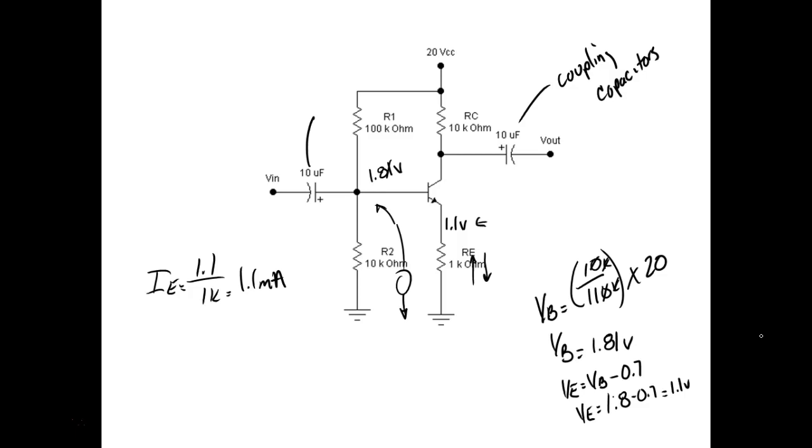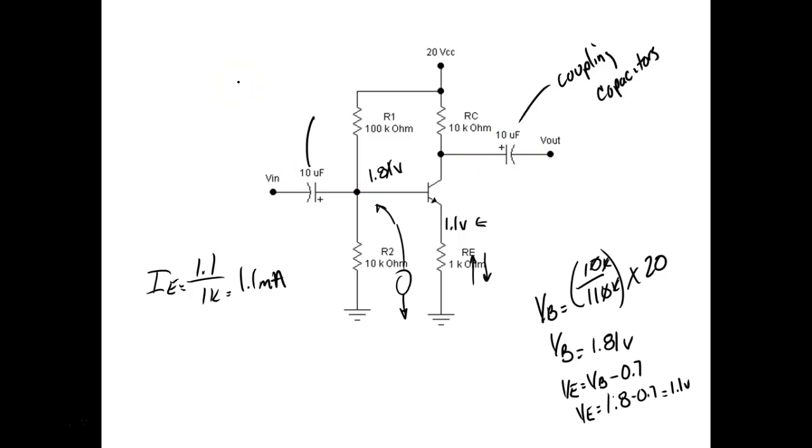Are we okay? What's nice about a 1K resistor is 1 milliamp per volt. So if I got 1.1 volt, that's going to be 1.1 milliamp. 10K would be 100 microamps.